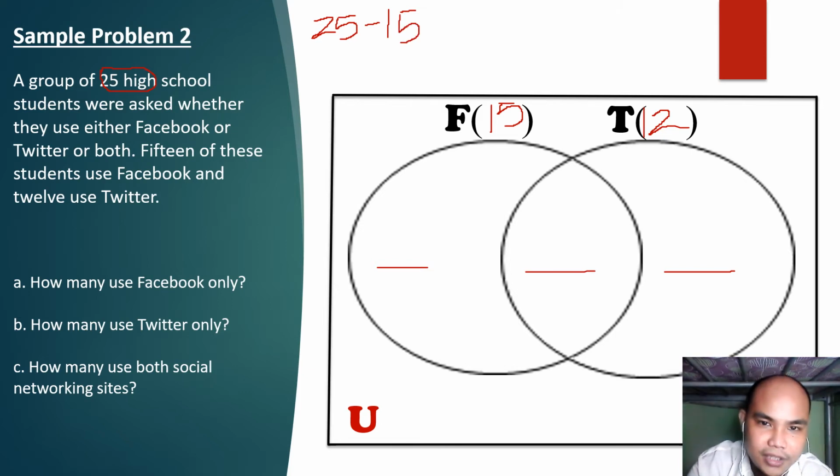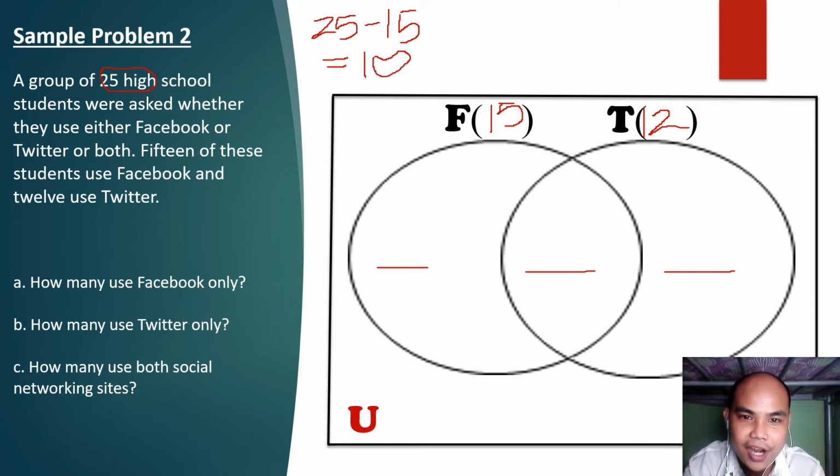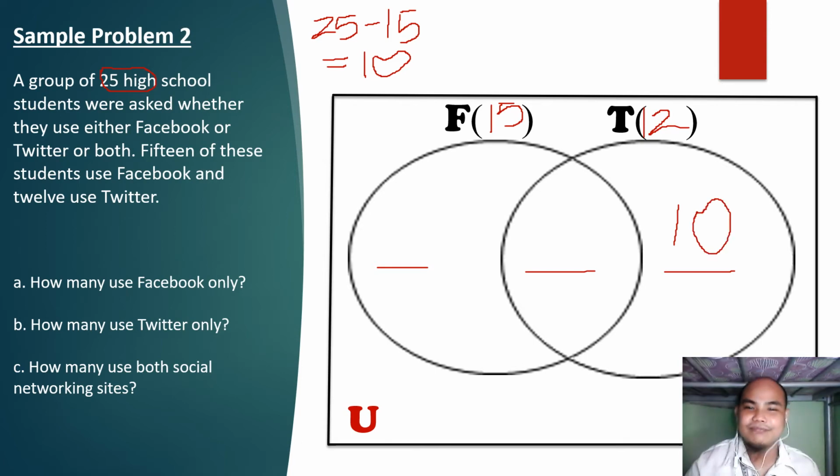And what is 25 minus 15? The answer is 10. And where should we write 10? We subtract this entire circle from the entire universal set, and therefore what is left is here. Here is where we should put our 10.